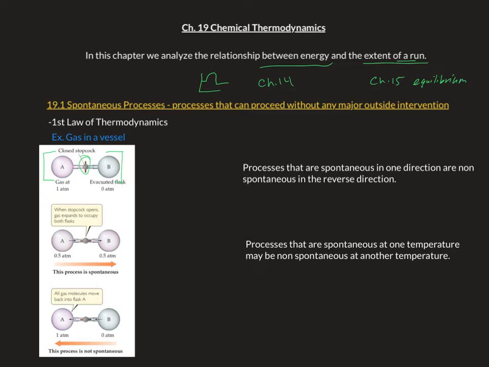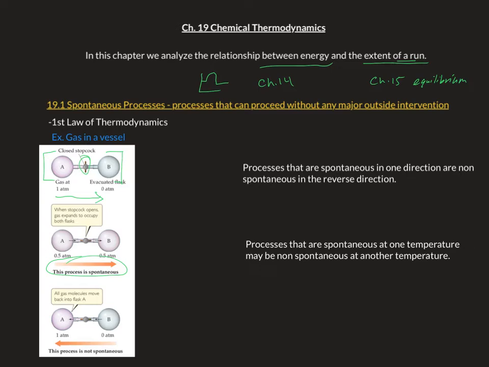This gas A would go over to part B of the evacuated chamber there. That is a spontaneous process. It would happen until the gases were equal on each side. That's all we're talking about here, those kinds of processes.